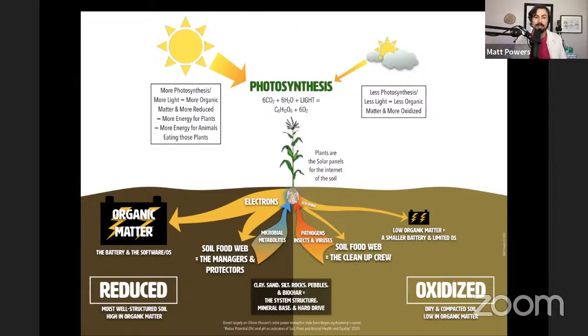So we want to be on the side that gets energy, obviously. We'll get into why very soon. But our world is designed this way. Photosynthesis is the way our world runs. It's the way the solar panels, the trees and the plants gather the energy and put it into the system.